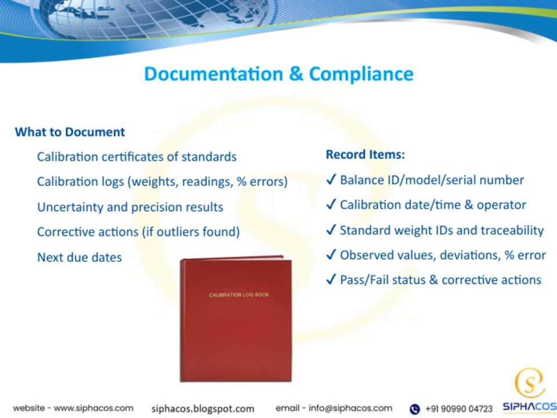It's also important to document the standard weights used, their IDs, and their traceability to verify the calibration's accuracy. Next, we record the observed values, any deviations from expected results, and the percentage error, which helps us assess the performance of the balance.